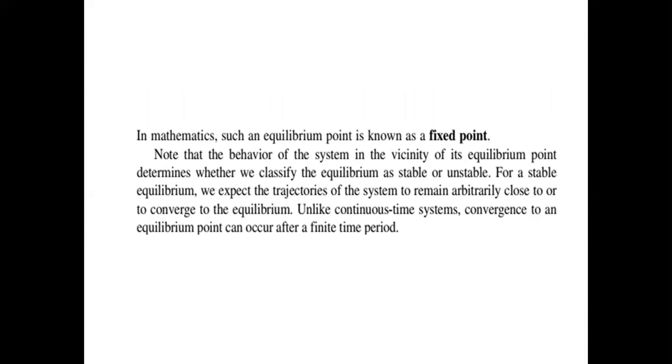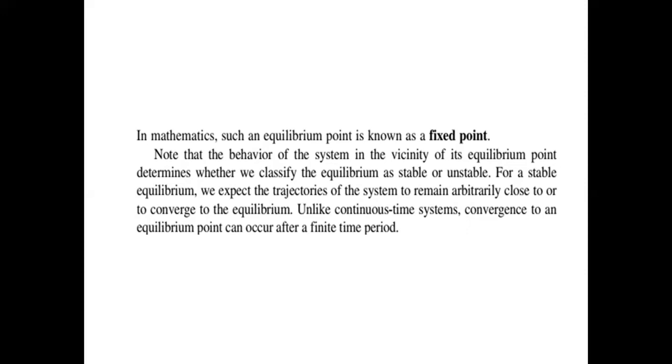Now we can say whether this equilibrium point is stable or unstable after we determine the performance of the system near this operating point. Suppose you have a motor which is operating at 240 volt and 10 ampere. Now this is its operating point, the equilibrium point. Now we can say whether this motor is operating stably or unstably.